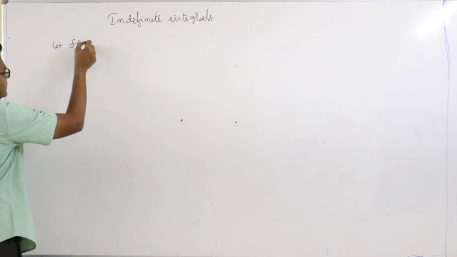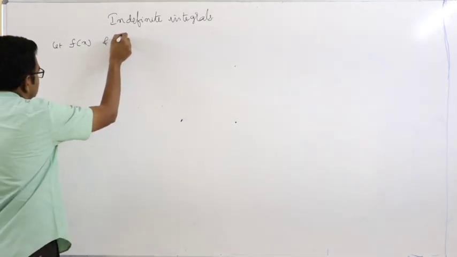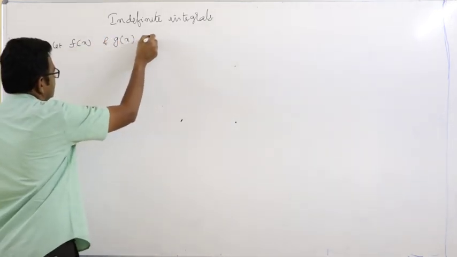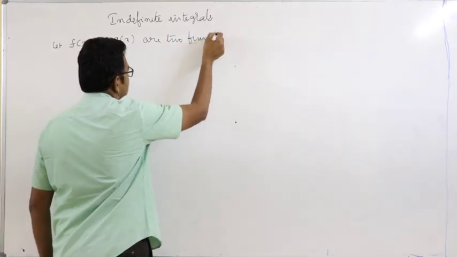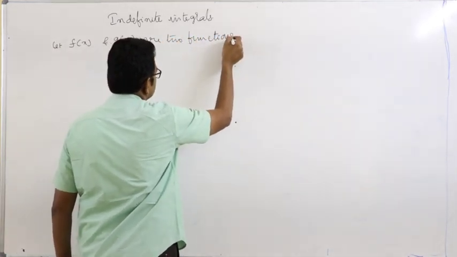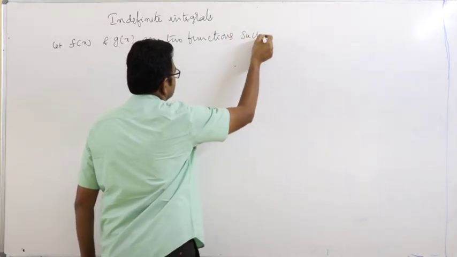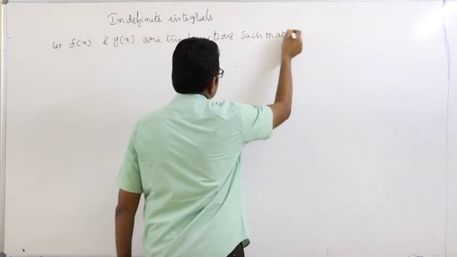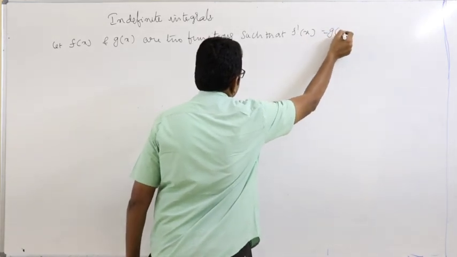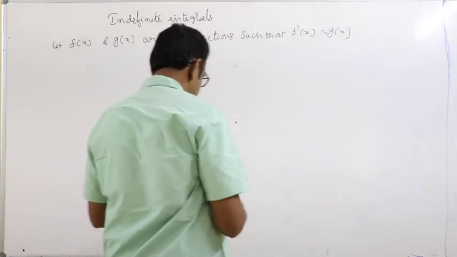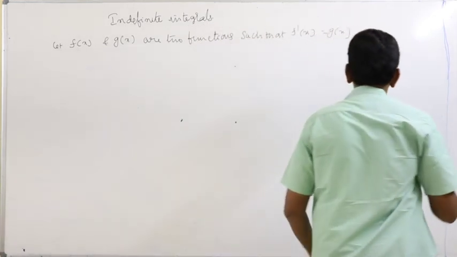Let f of x and g of x be two functions such that f dash of x is equal to g of x.